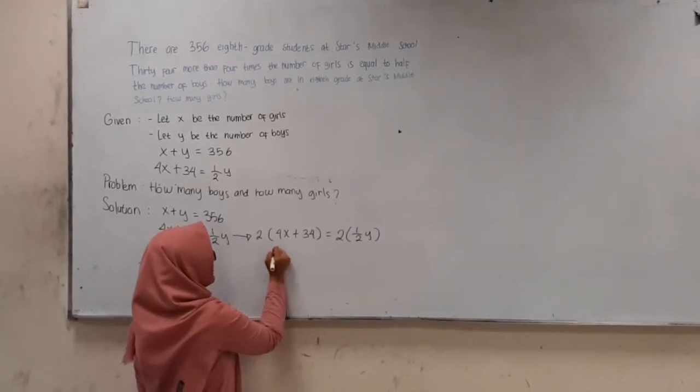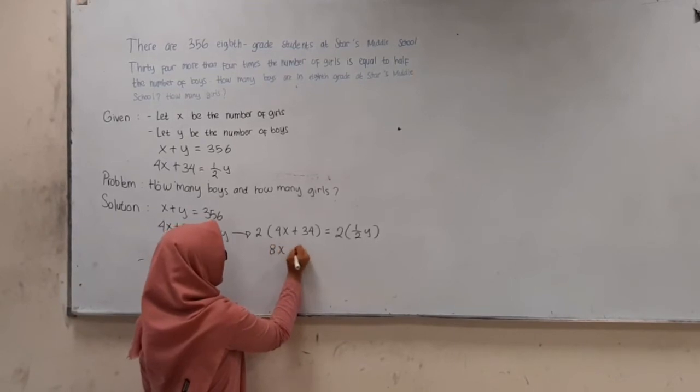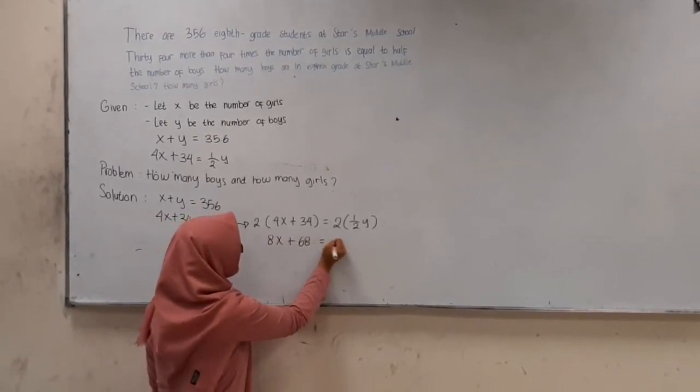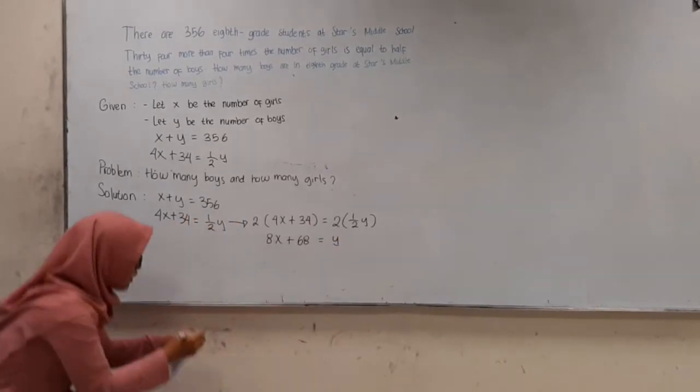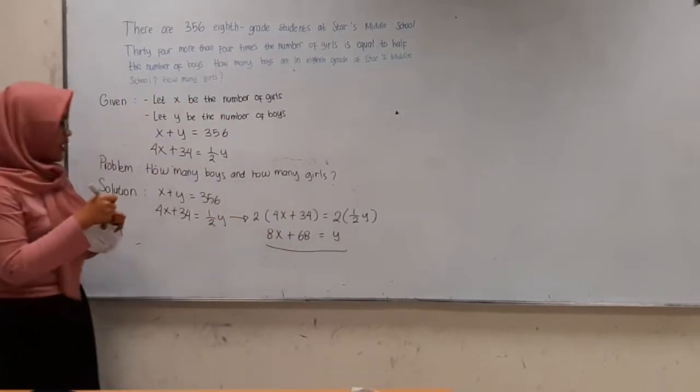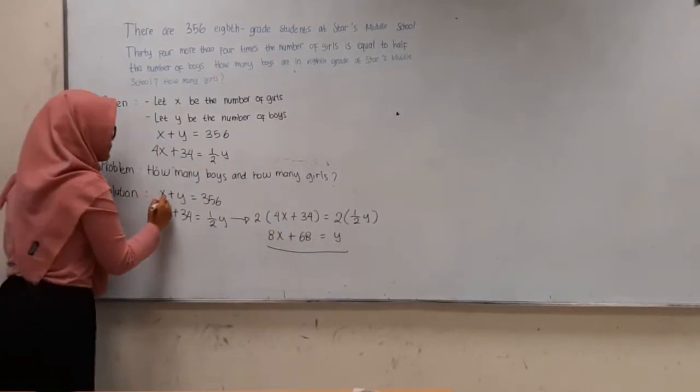And we can get 8x is added to 68 equals y. So after we get this, we have an equivalent equation.